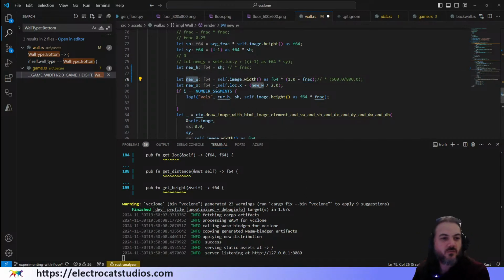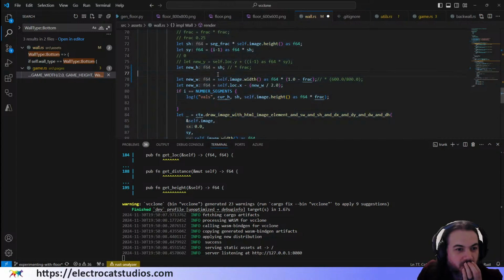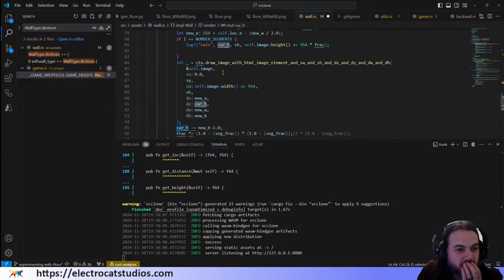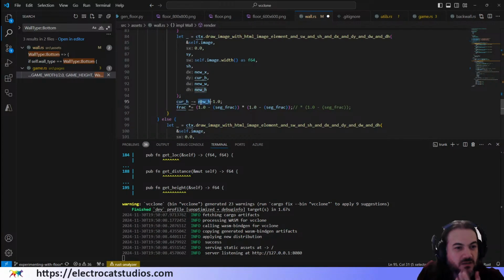So the new width is going to be equal to cur h, and the cur h is minus equals new height.